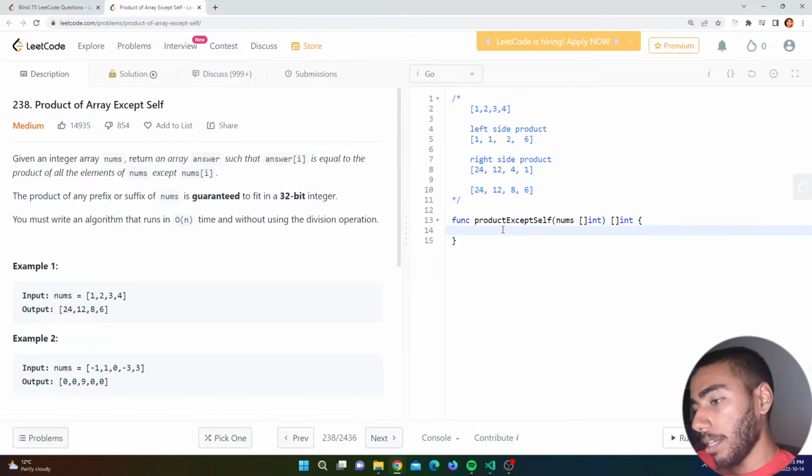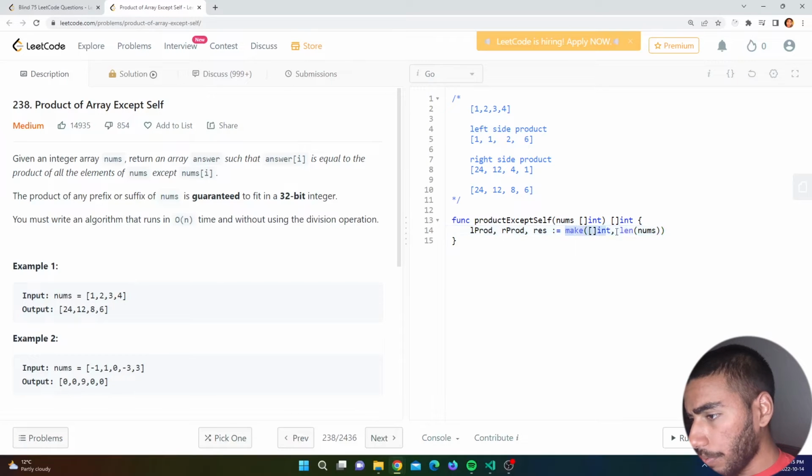So let's code this out. First we need to keep 3 arrays: one for the left side product, one for the right side product, and finally one for the result. So let's do that. Right side product, result, and then we're making an array of integers where the length is equal to nums, and then we're just going to copy this over.